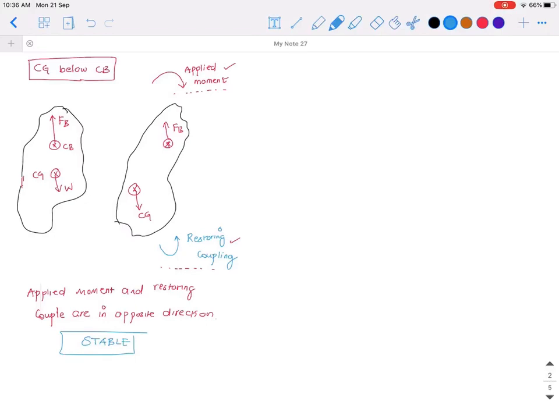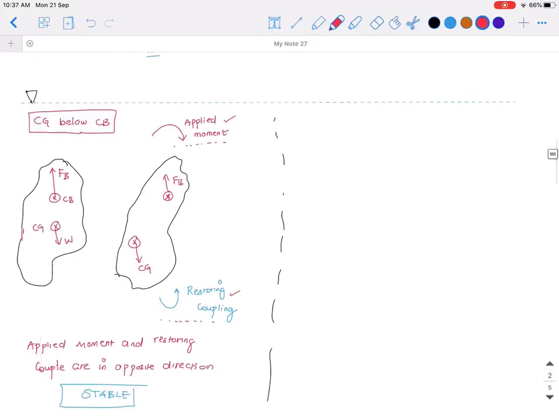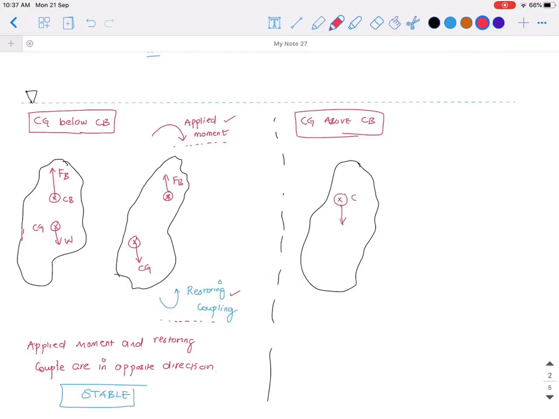Okay, so let us consider the next case, case 2, where CG is above the center of buoyancy. Again we have a body, and the center of gravity is above the center of buoyancy.